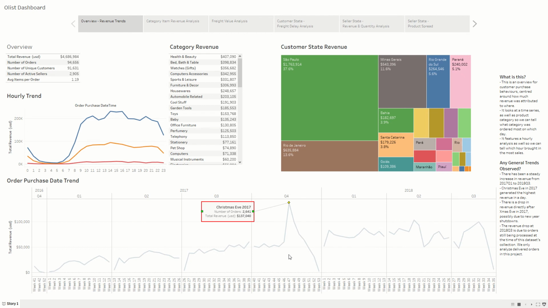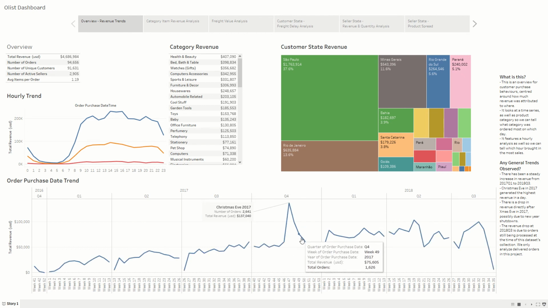There was also a drop that I noted down here straight after Christmas, probably their closure. Also there was this drop down here, but this is an effect of having orders that are not completed, not fulfilled, meaning they've been confirmed but not delivered yet.